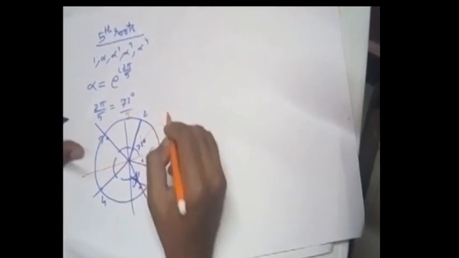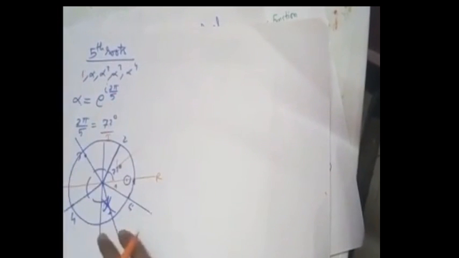This is also a concept which we will use. What is the concept? We can represent all the nth roots of unity in the Argand plane, lying on a circle with equal angular distance.